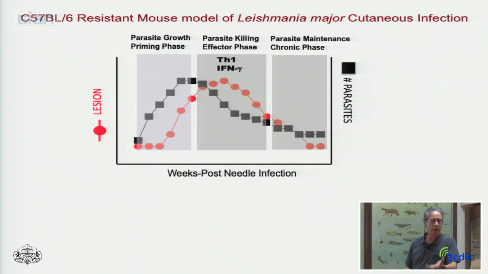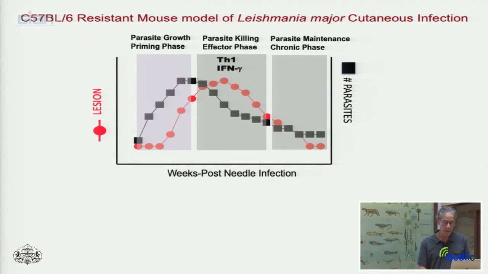And it's how they can establish a persistent infection even after healing. So there's really complete resolution of these lesions, and yet a persistence of some hundreds or thousands of parasites in the site, and there's parasites in local draining nodes as well. Okay, so that's the parasite maintenance, this chronic phase.